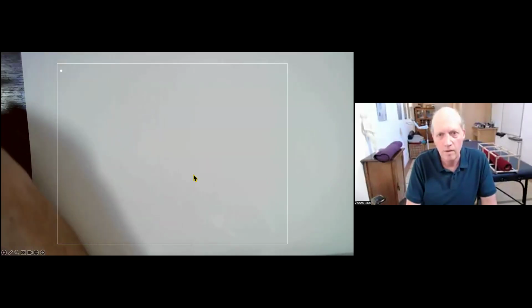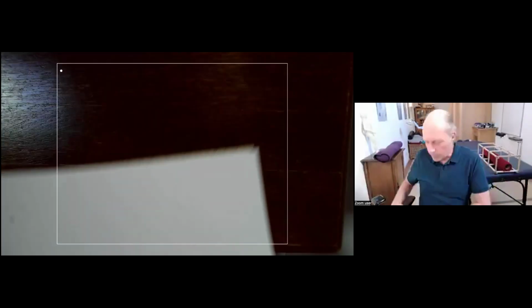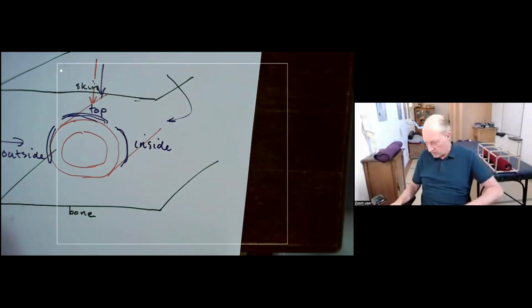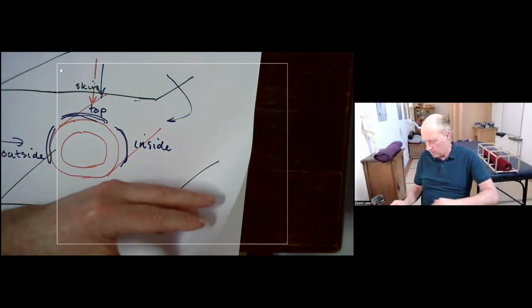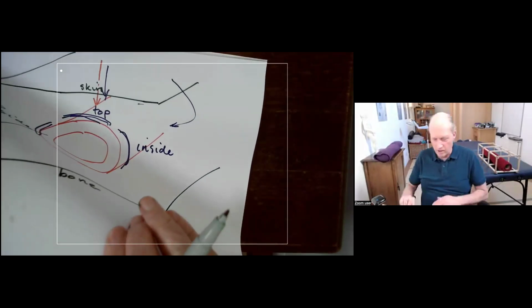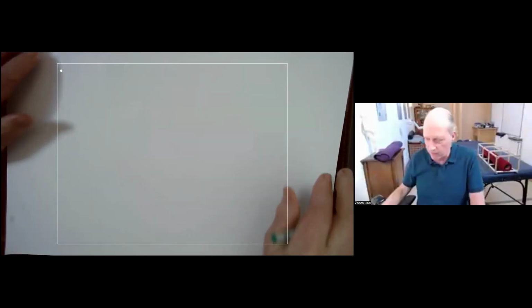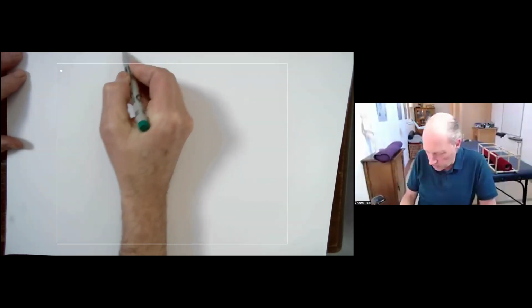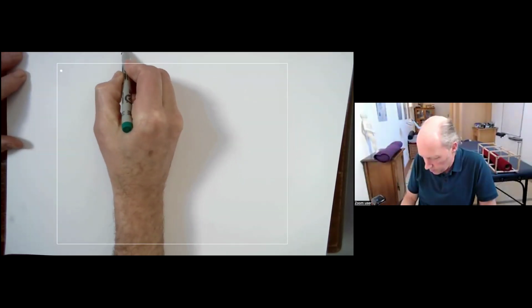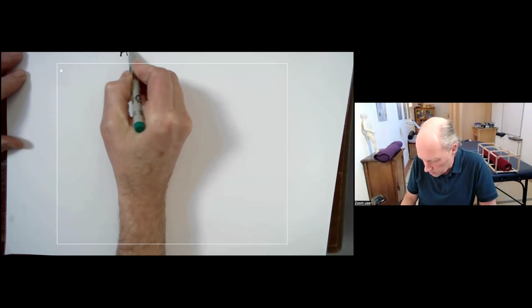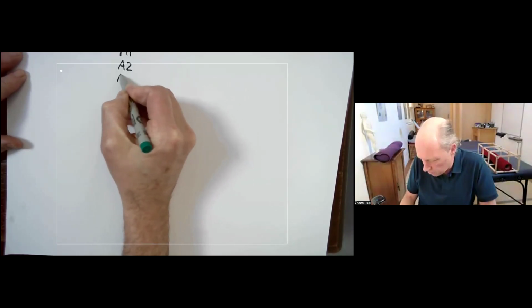Let's do the screen share. Okay, so basically what Karina was asking about is that we have these 3 steps with 9 sub-steps: A1, A2, A3.